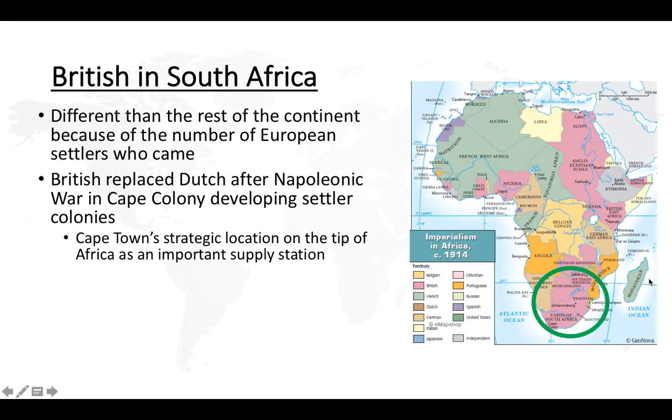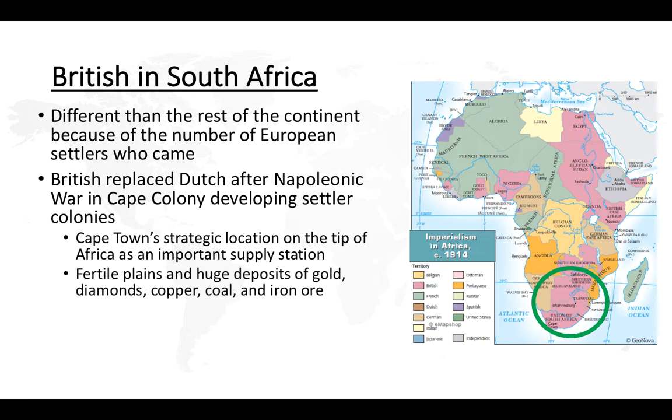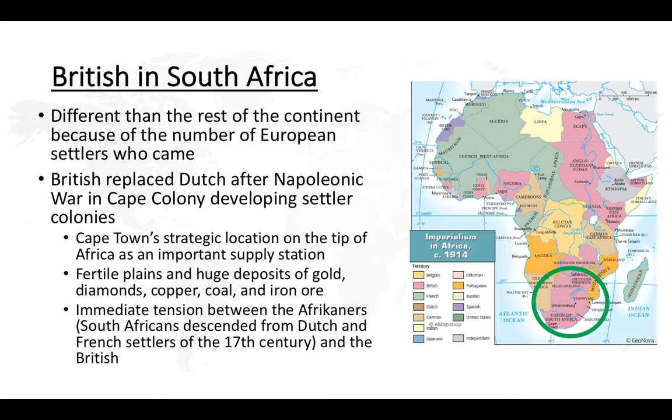We see a city named Cape Town. It's a really strategic location at the bottom of Africa. And the rest of South Africa, we're going to see fertile land, deposits of gold, diamonds especially, copper, coal, and iron ore.